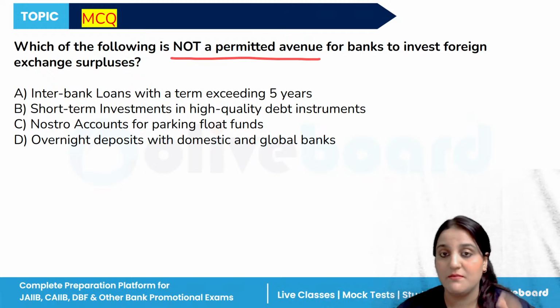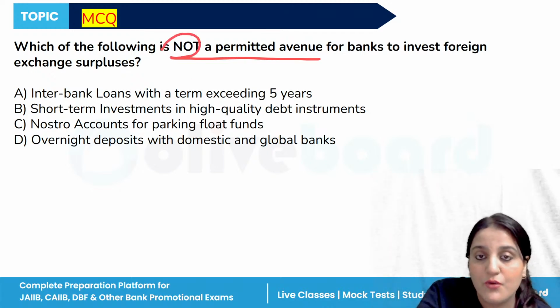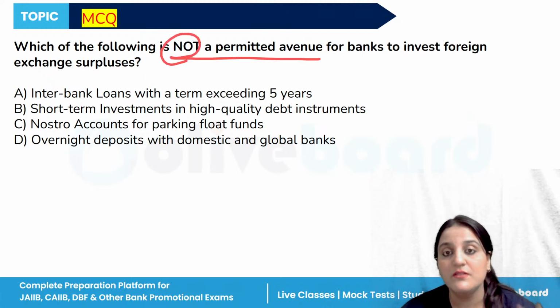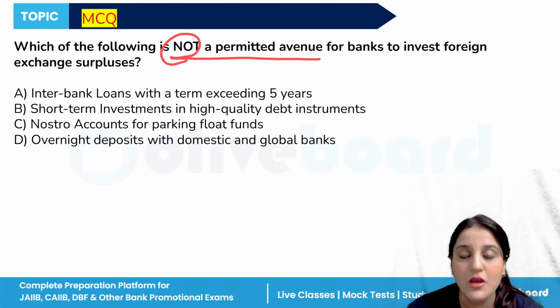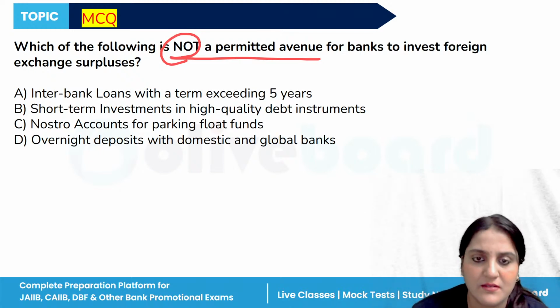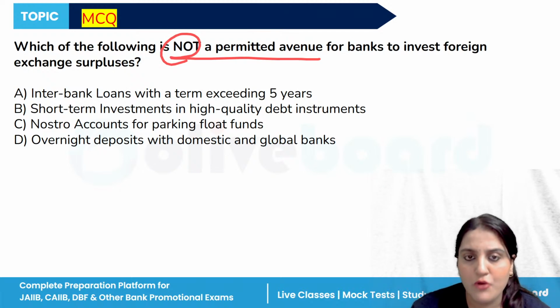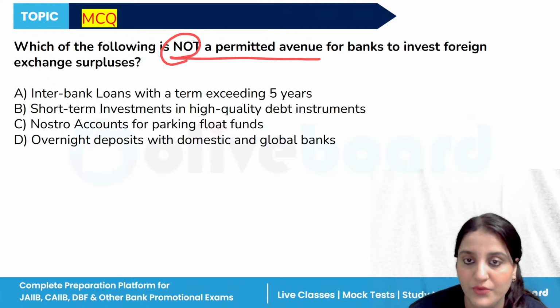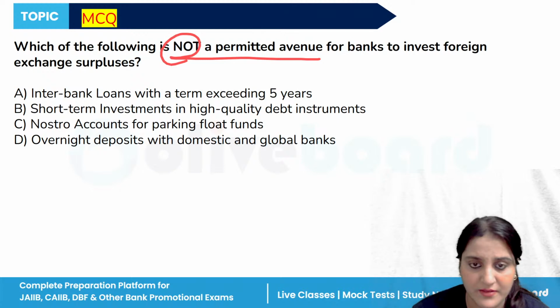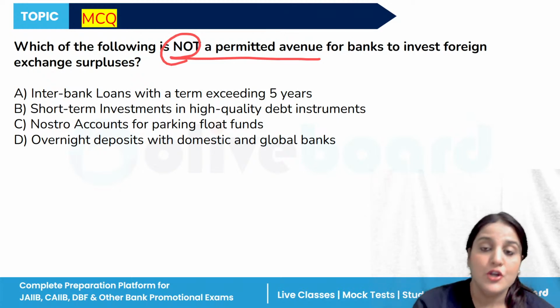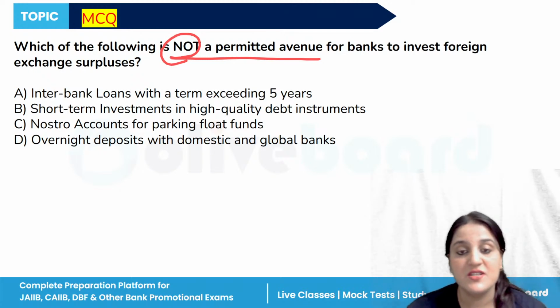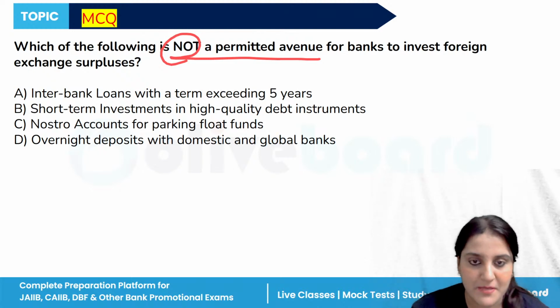Just see what the actual question is saying, that is not a permitted avenue for the banks to invest foreign exchange surpluses. If we talk about option A, interbank loans exceeding term 5 years, banks are permitted to invest foreign exchange surpluses in the global money markets.